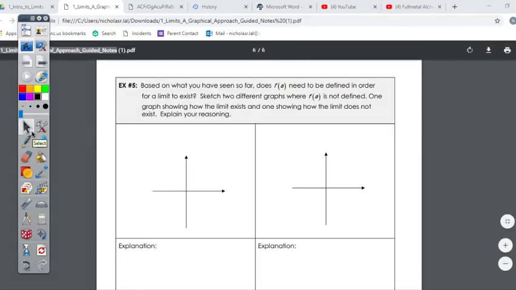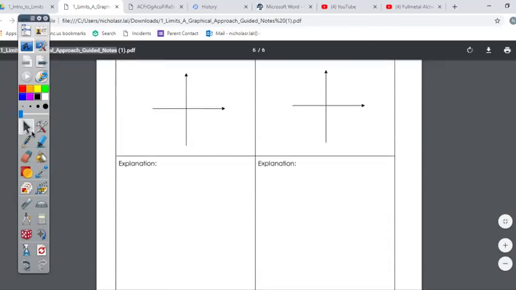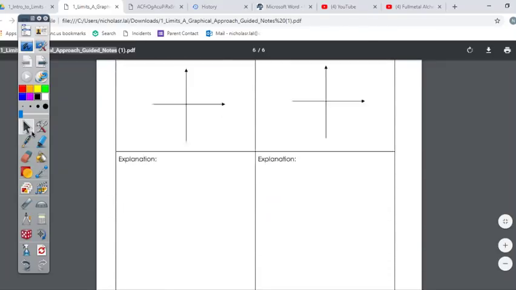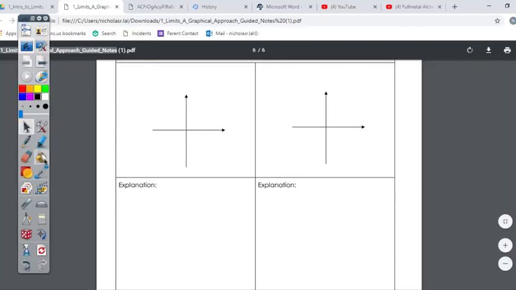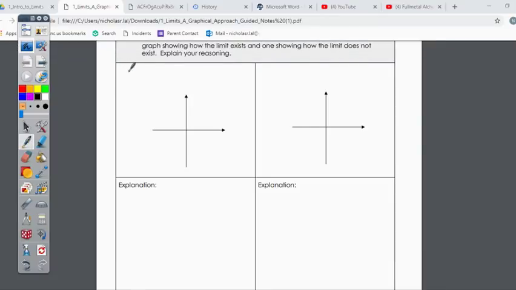Well, let me get a full view here. So the first one, the limit as x approaches c of f of x exists.